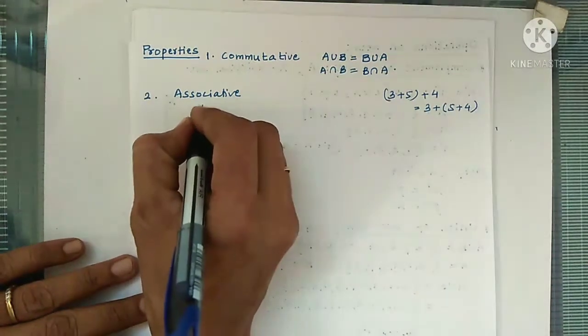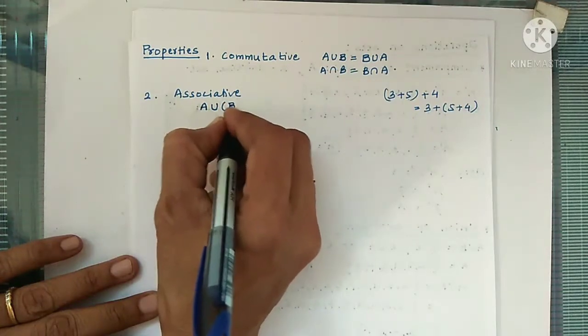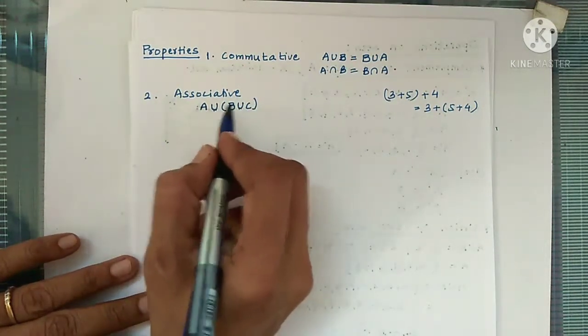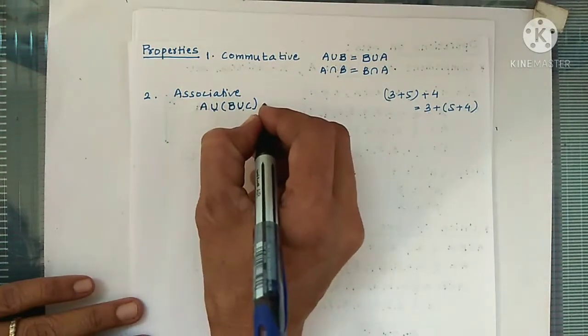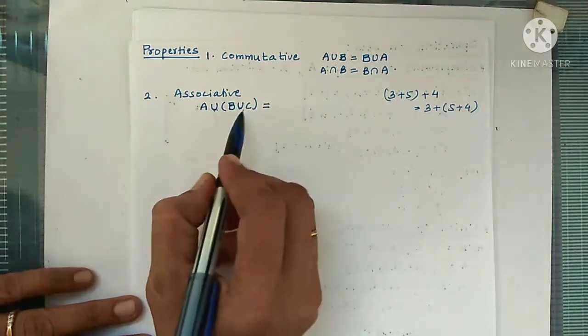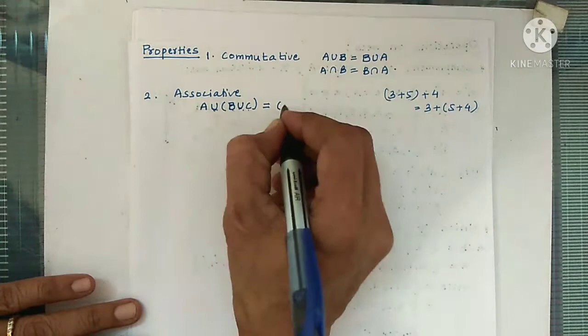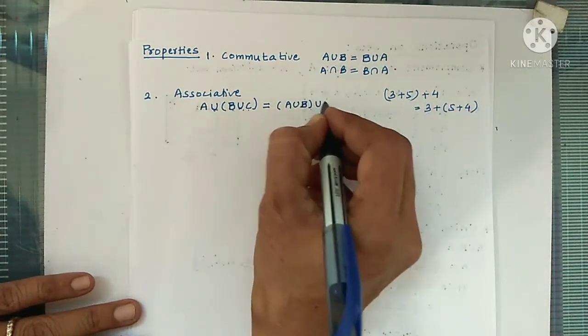So associative property holds good for union also. (A union B) union C. See here, the operation is the same. Both these operations are union only. So (A union B) union C is, first of all, we write the union of B and C. And now change the bracket. It is A union (B union C).